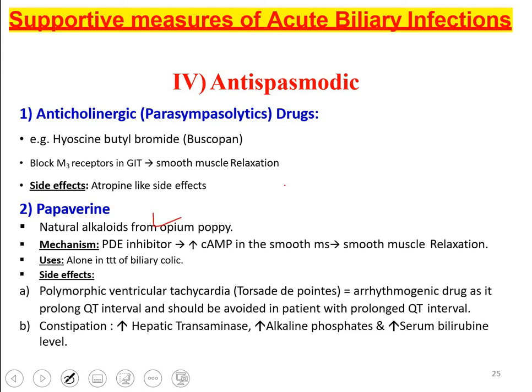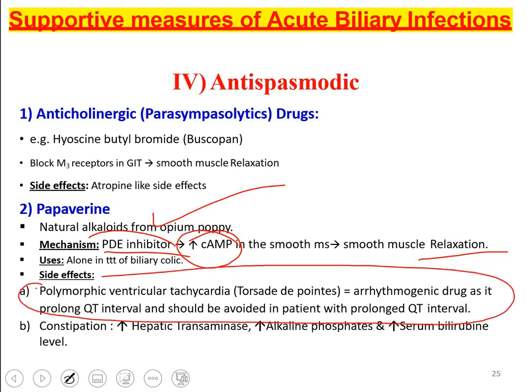It is a natural alkaloid from poppy that increases the cyclic AMP concentration by inhibiting the phosphodiesterase enzyme, and thus produces relaxation. But the most dangerous side effect is polymorphic ventricular tachycardia, or torsades de pointes, especially in patients with a history of congenital prolonged QT interval. So one should use it with caution.